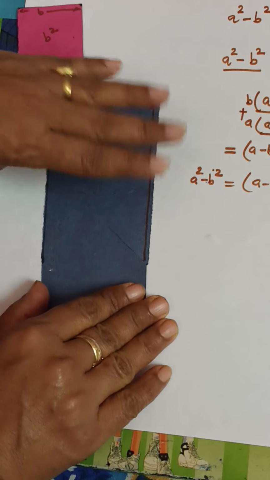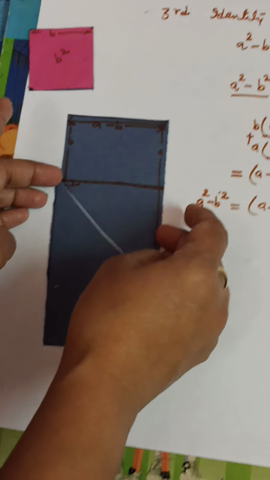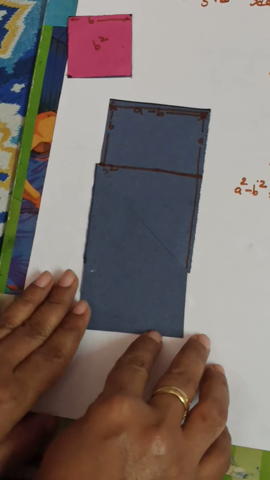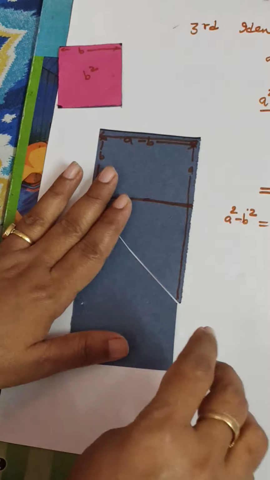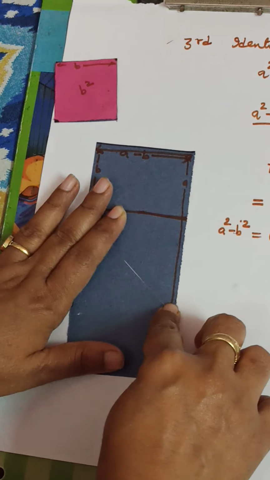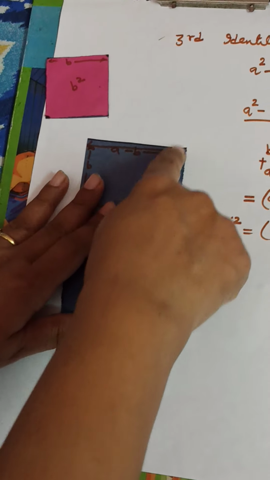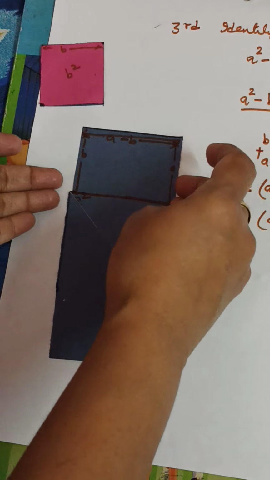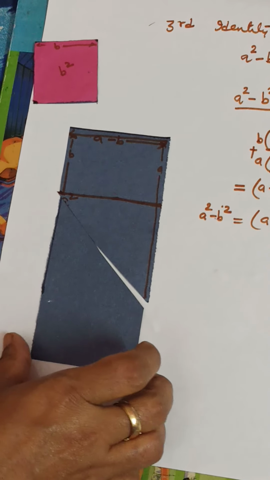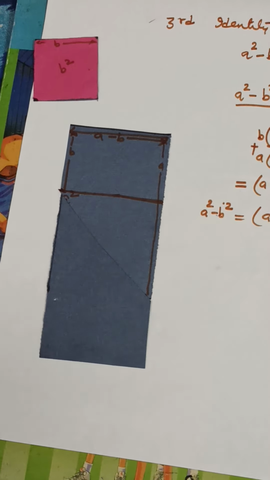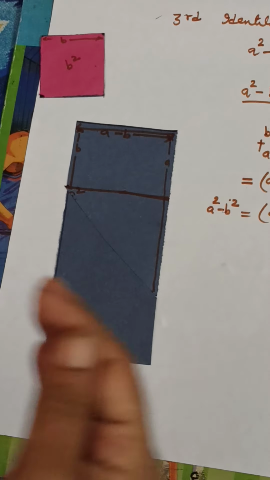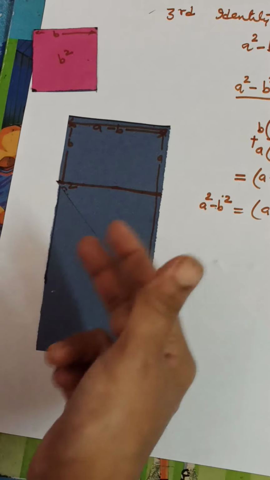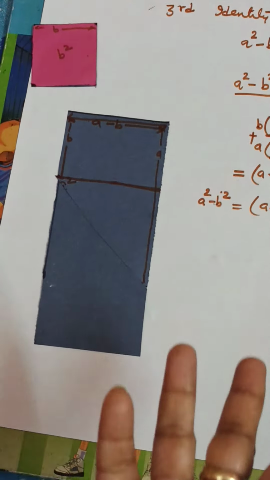Now you see, this is A minus B, and here to here it was A, and this is B. So A plus B, A minus B. So the area of this rectangle which we have formed by two pieces is equal to that L-shaped area.